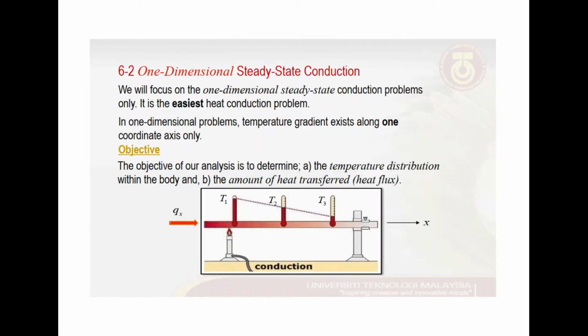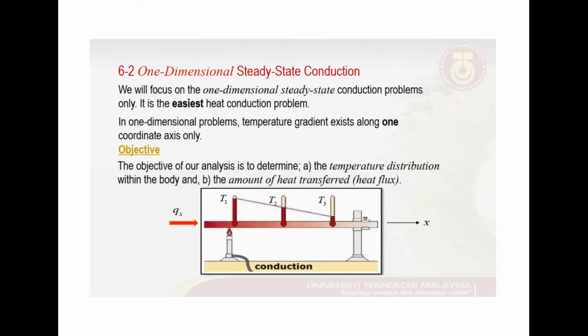In these lectures, we will limit our discussions to the one-dimensional steady-state conduction process, although heat transfer in real life occurs in three-dimensional space. That means heat transfer in all three space directions: the x-axis, y-axis and z-axis.